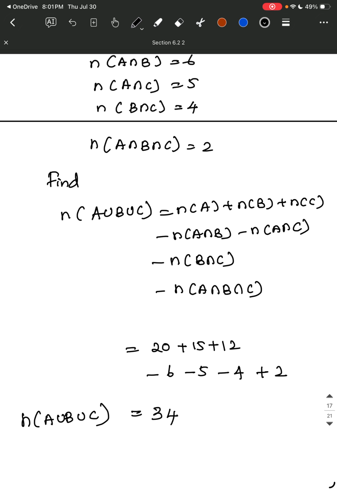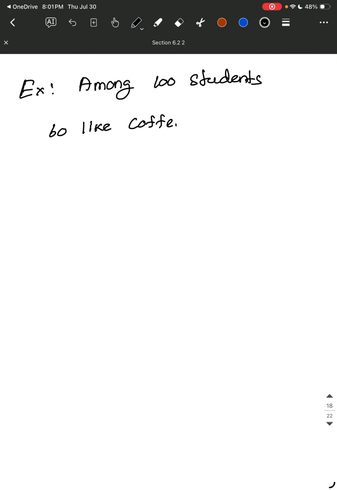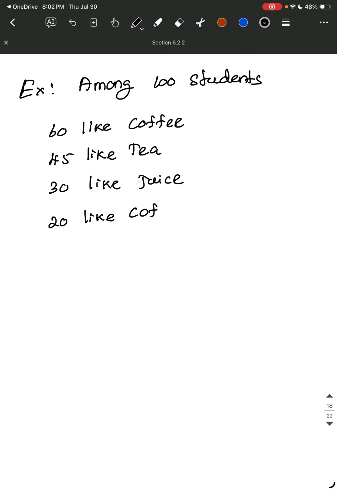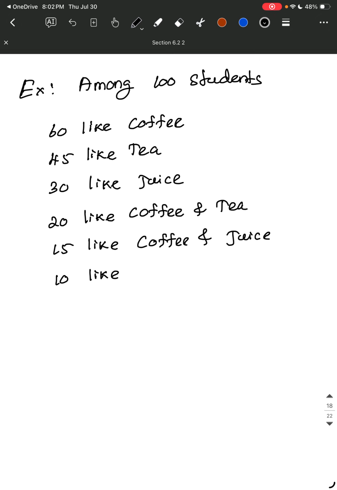Okay, let's go for the wording example. Among 100 students, 60 like coffee, 45 like tea, 30 like juice, 20 like coffee and tea, 15 like coffee and juice, 10 like tea and juice, 5 like all 3.